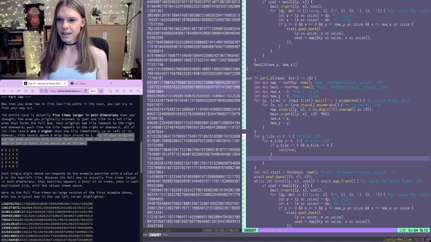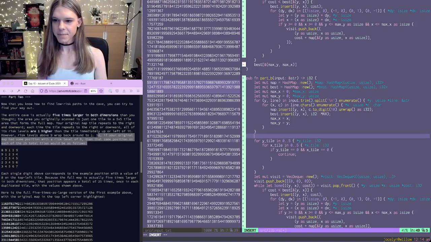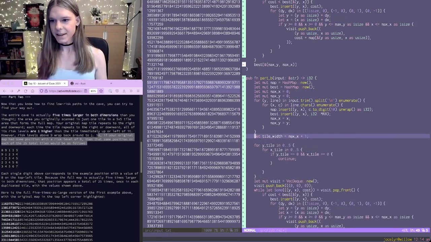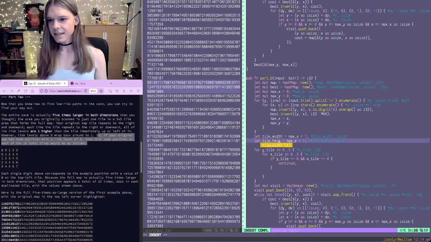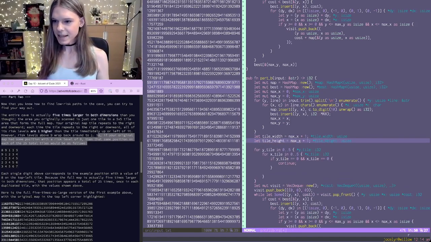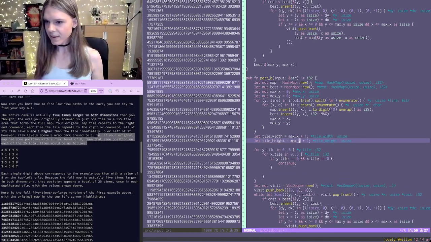So the tile width is equal to max x plus 1. I just don't feel like adding all those plus 1s later. Feel like I'm gonna mess that up. And the height is max y plus 1.